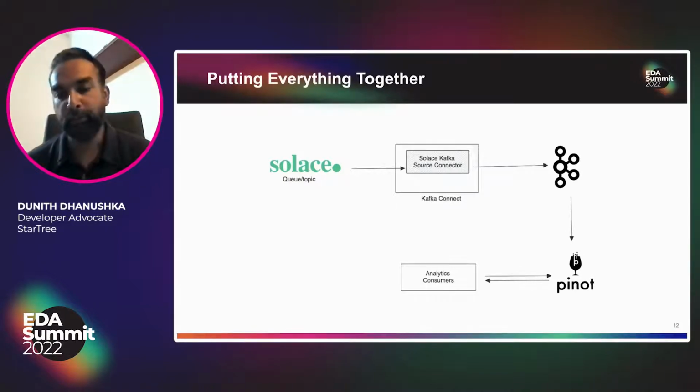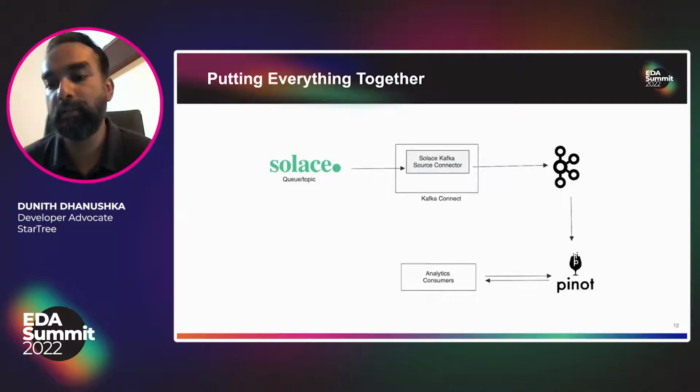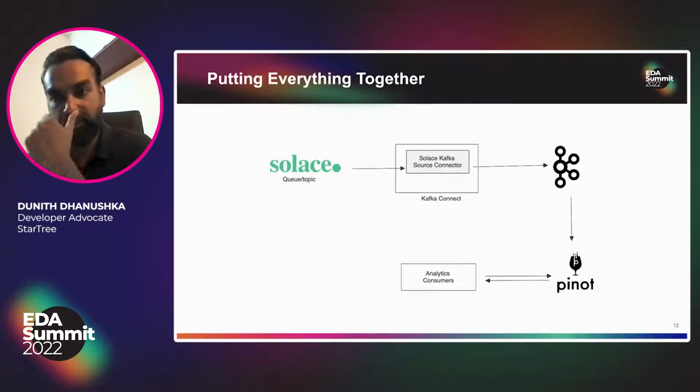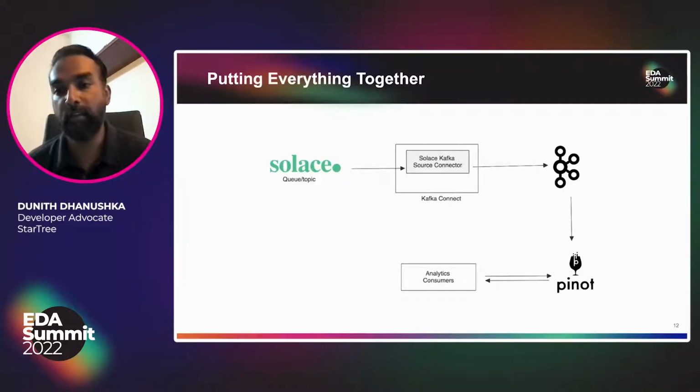Then you can also configure Apache Pinot to ingest data from this Kafka topic and make it available for querying after a few seconds. The best thing is whenever an event lands in Solace, it will be immediately available in Pinot, allowing you to query it in a matter of seconds.